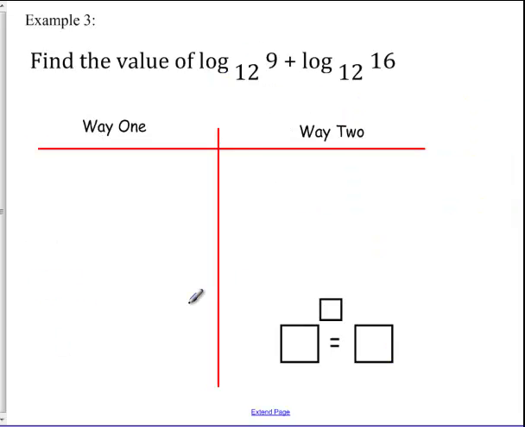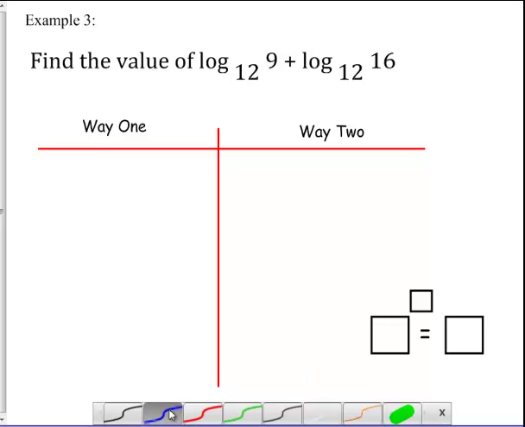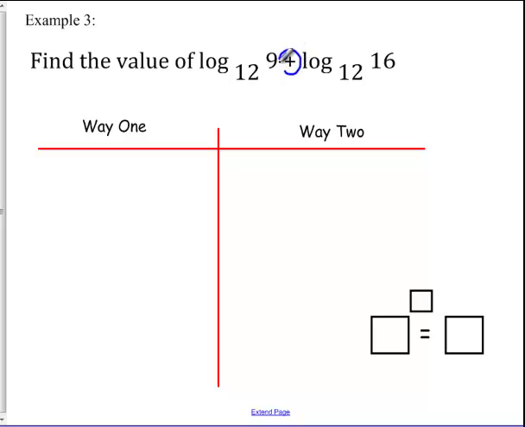Gave you a little tricky one here. Well, I'm going to come over here and I'm going to do way 2 first. I'm going to realize that this is adding. So that meant the number 9 plus 16 was really times.